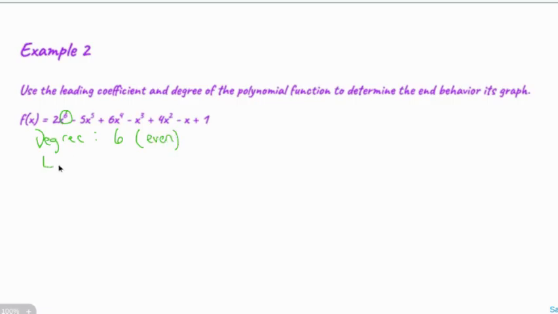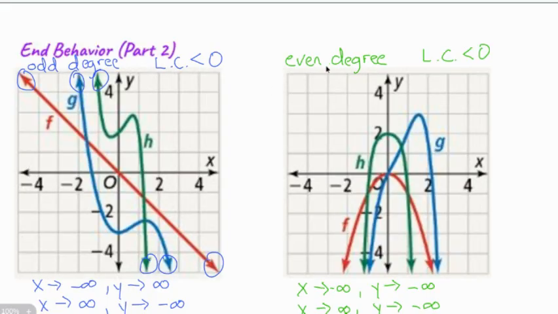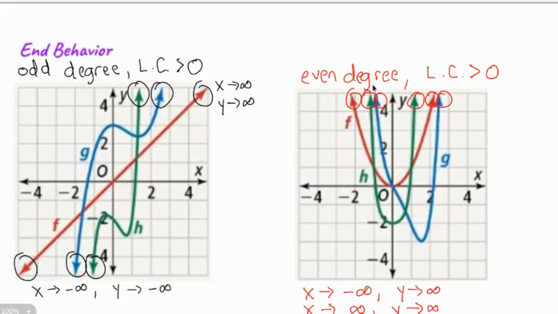And its lead coefficient is right here. That's 2. That's greater than 0. So we have an even degree with the lead coefficient greater than 0. Let's go back and check our charts. Okay. I got even degree, but this is lead coefficient less than 0. So I've got that right here. So the end behavior is this right here.